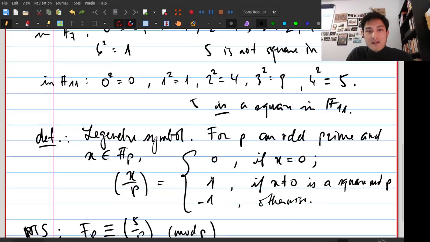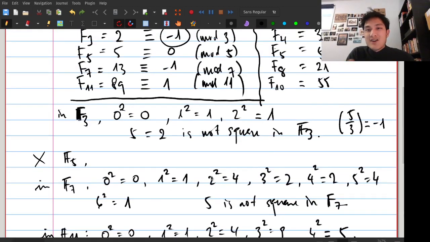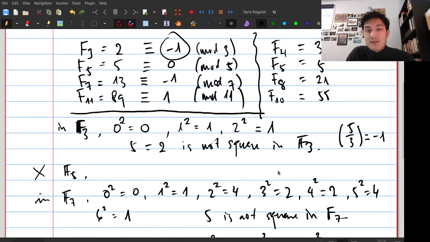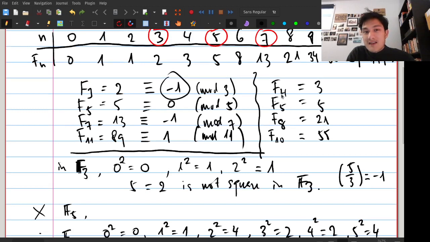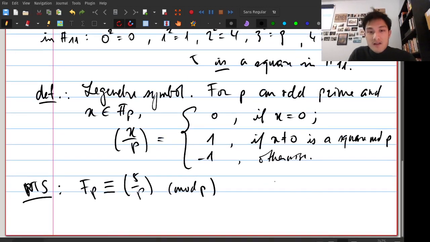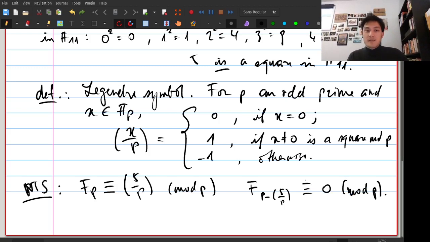And remember the second thing that we wanted, I tried to explain it in words, but now we have a good symbol for it. I was trying to say that you shift by, like you subtract the number you get here in the index, and then you get 0 mod p, you get a multiple of p. And so we can finally write that. So F of p minus 5 over p is congruent to 0 mod p. So we're going to be able to show both of these things. Okay? All right.